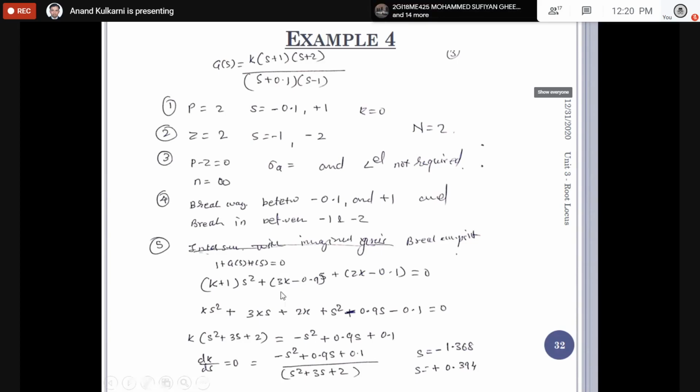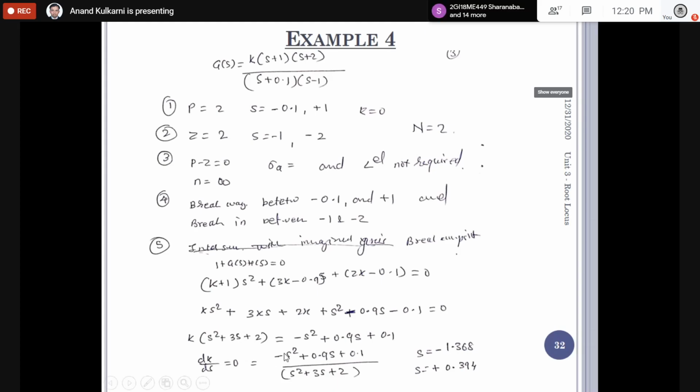Then I will write the equation for K and simplify in terms of K. So K is equal to minus (s square plus 0.9s minus 0.1) divided by (s square plus 3s plus 2).